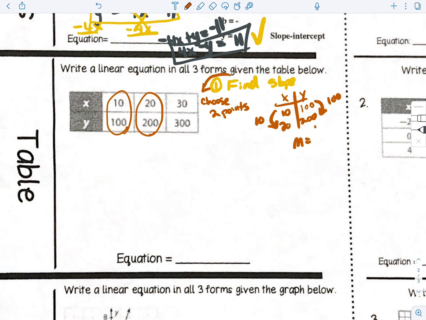So that this becomes 100 over 10. Since this is my first set of points, I'm going to let this be my x1, y1. And now I'm going to plug it into y minus y1 equals m times x minus x1. Don't forget that the reason I put it in point slope form is because we have a slope and a point. So let's go. So we say y minus 100 equals 10 times x minus 10.